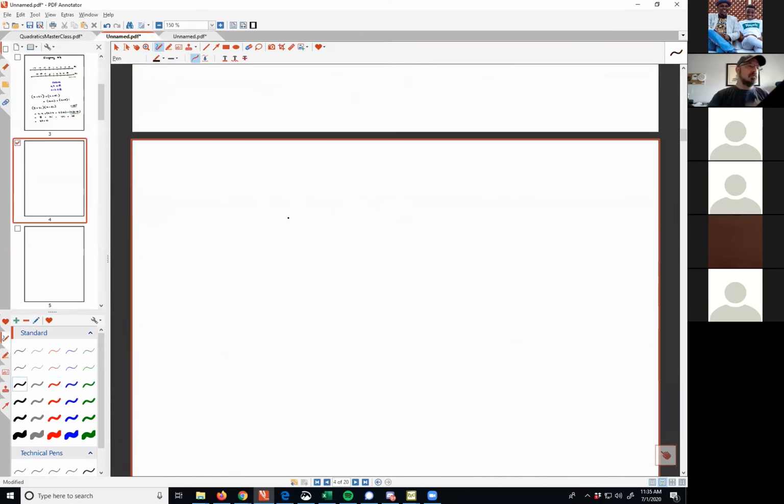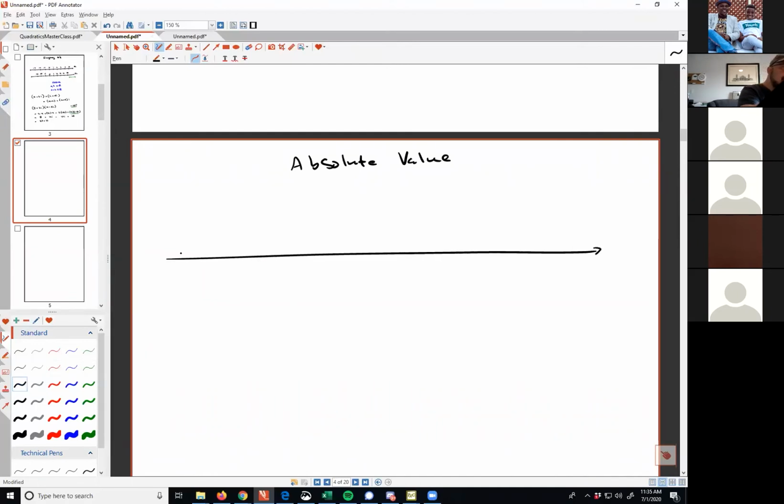We're saying we're taking the value without the operation or other effect on it. So it's not negative and it's not positive. We're just taking the number. Okay. I'm going to describe absolute value as size. And you may be thinking, size of what?